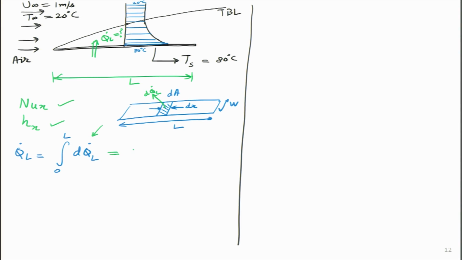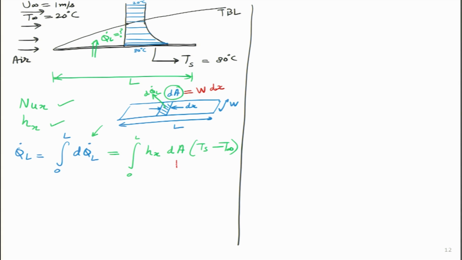And small dQ dot I can simply write as h x into the small area dA, which I have explained over here, multiplied by the temperature difference. And dA is simply this width W multiplied by the differential element dx.